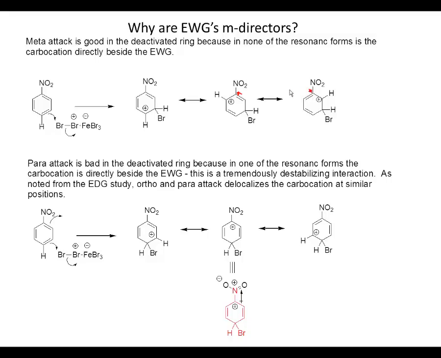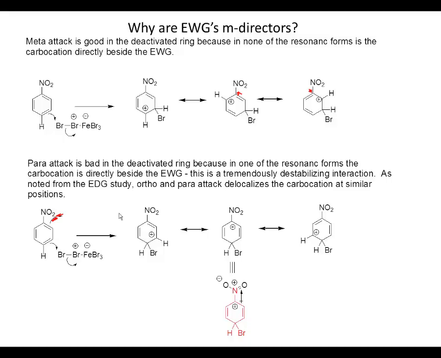Recall that when we attack the meta position, it was never beside the electron donating group. Electron donating groups, however, stabilize carbocations. Electron withdrawing groups would destabilize the carbocation. So it's good to never put the positive charge right beside the nitro group.